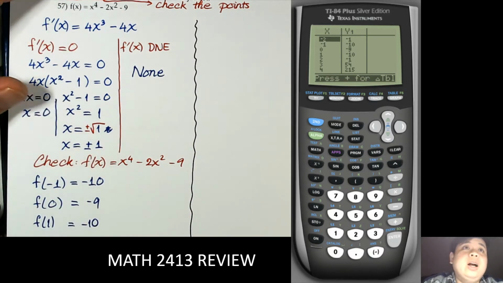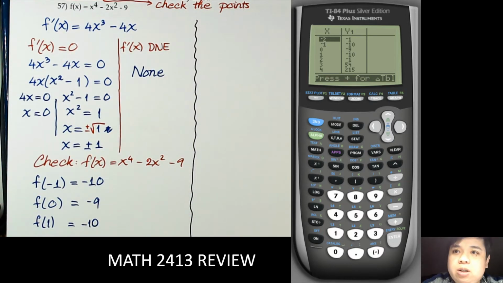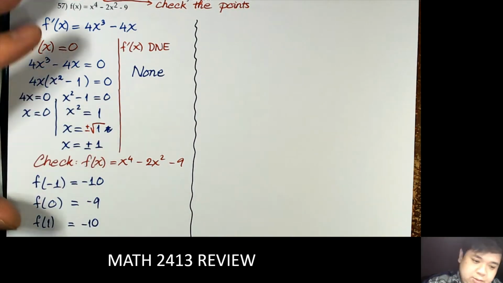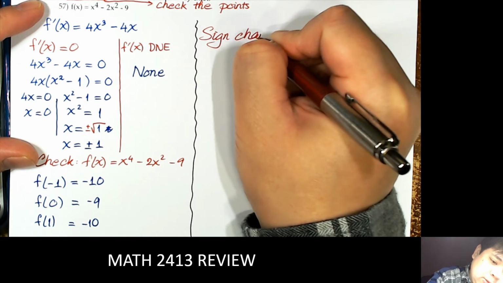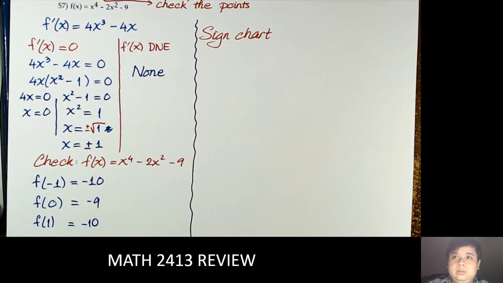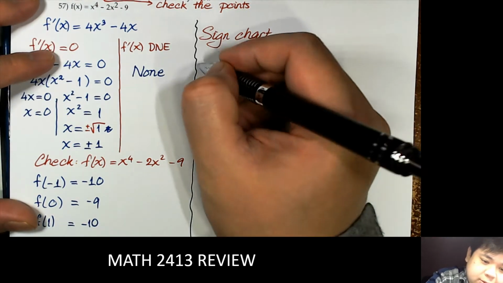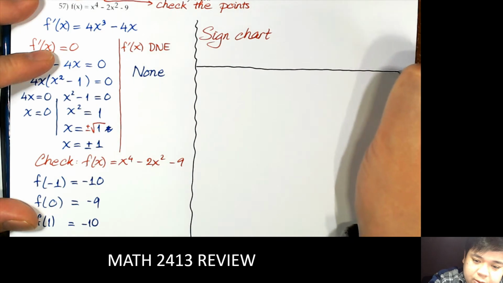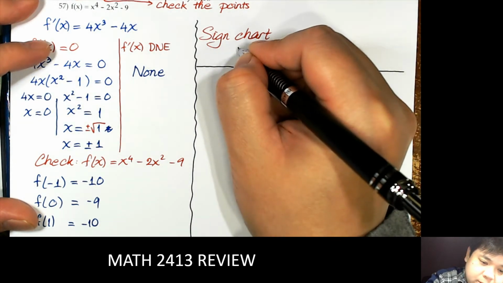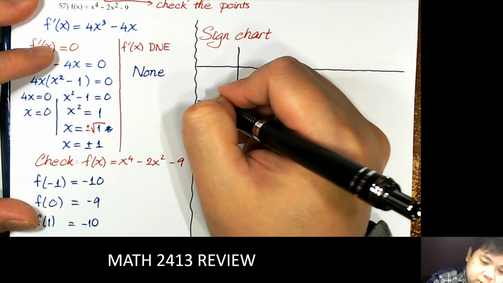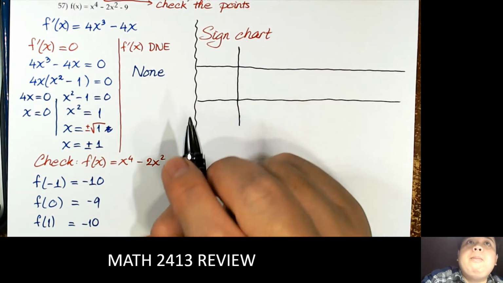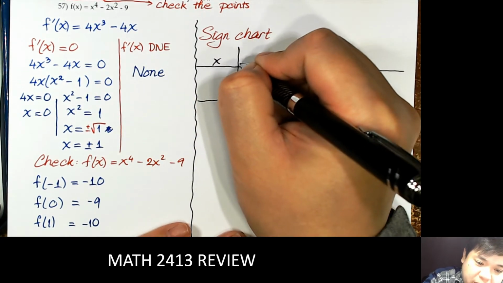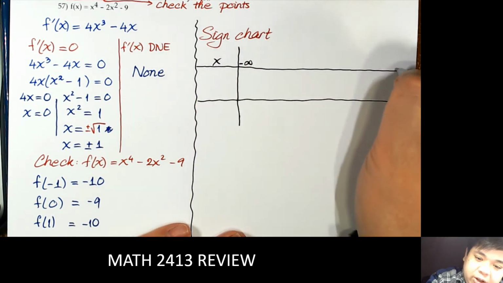Right. Next, we go to the sign chart. On the sign chart, the number line on the top, negative infinity to infinity.